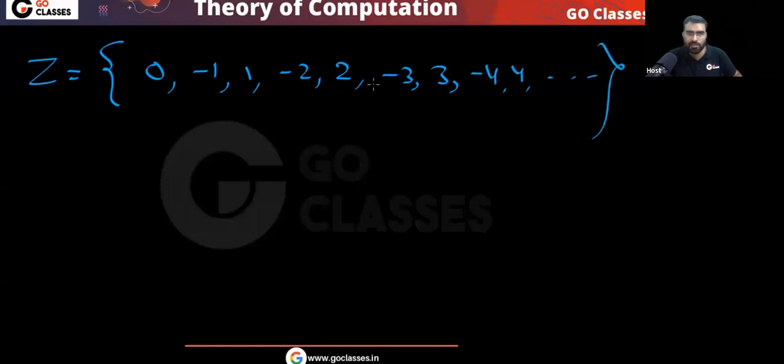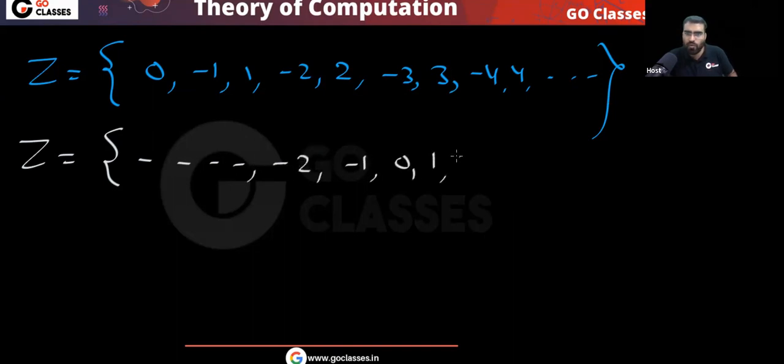Of course, sometimes we write like this, dots, then -2, -1, 0, 1, 2, and dots. People write like this.